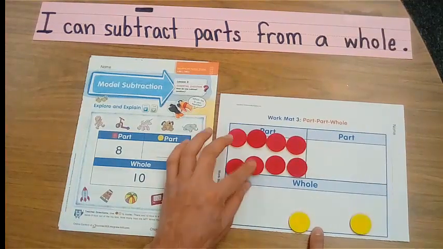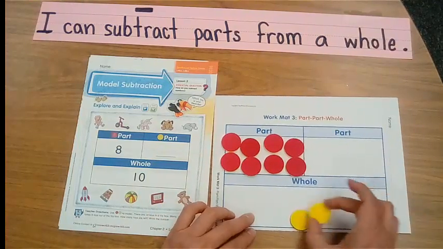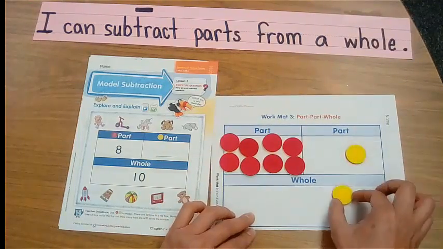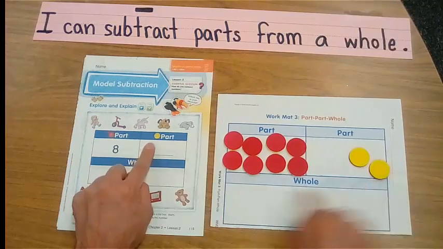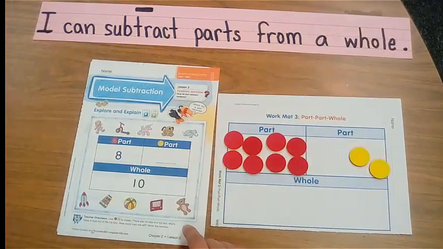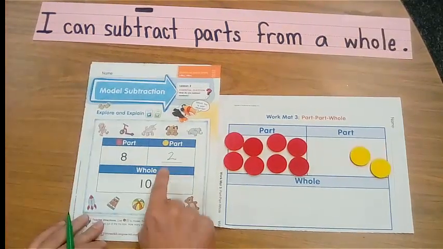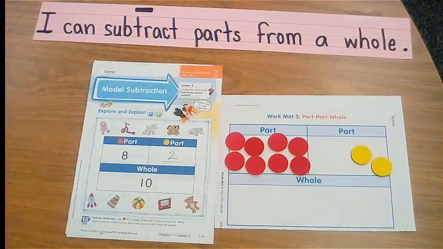So now I know that I have 8 right here. So this other part that I have left is 2. So I know that the missing part is 2. So I'm going to write 2 right here because that's the missing part.